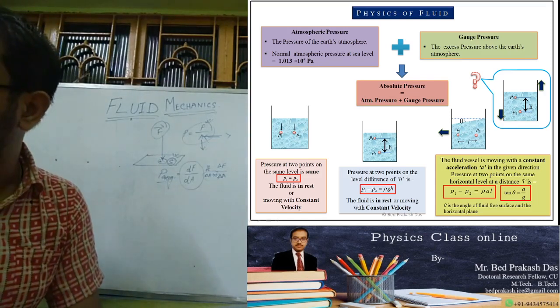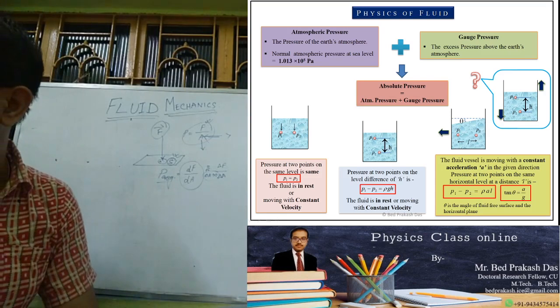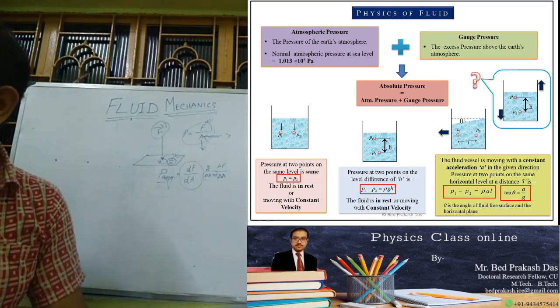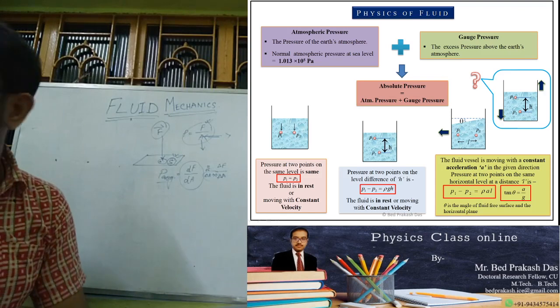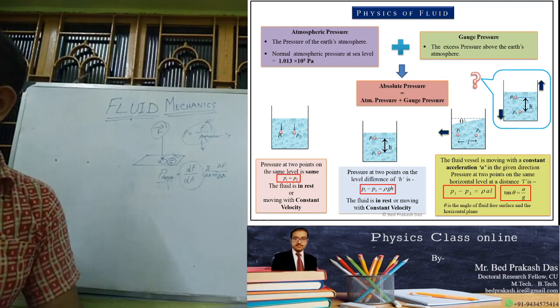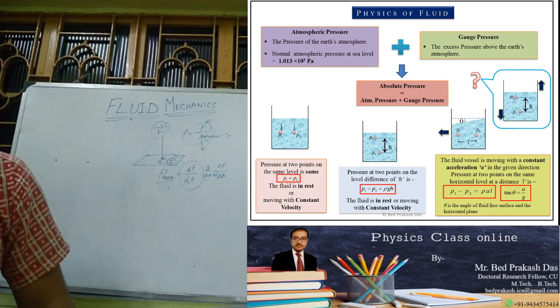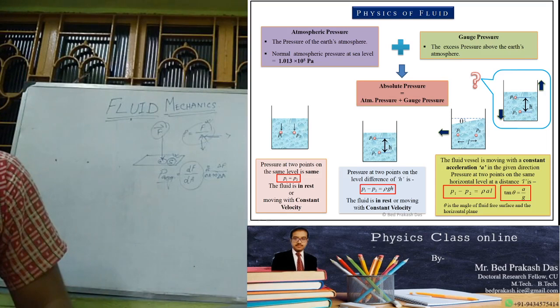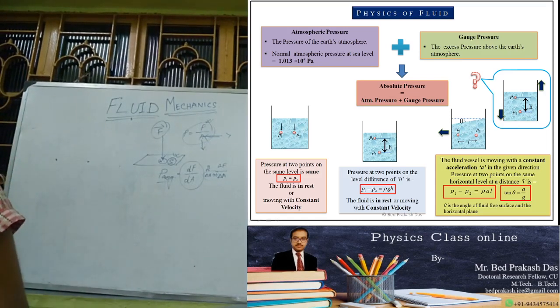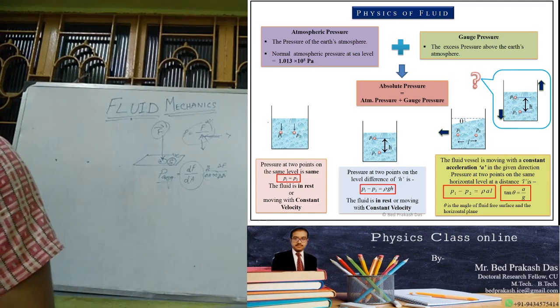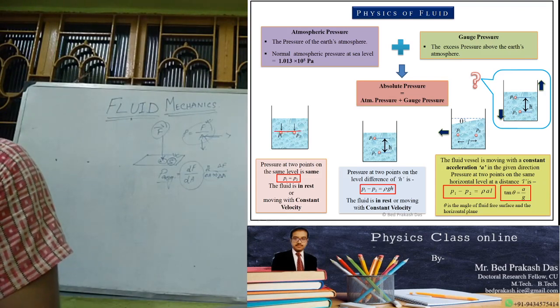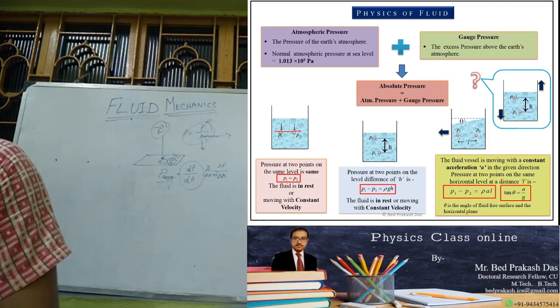So these three types of representation of fluid have been shown over there. Consider a vessel filled with water. In the first case, two points on the same horizontal plane are considered.